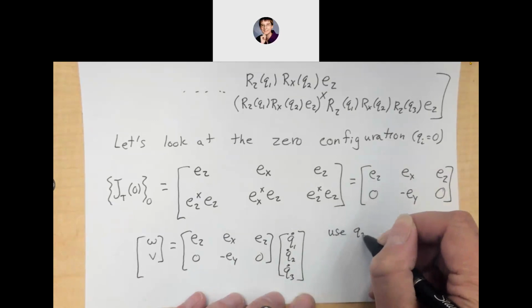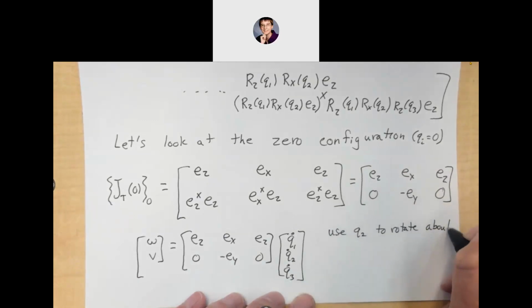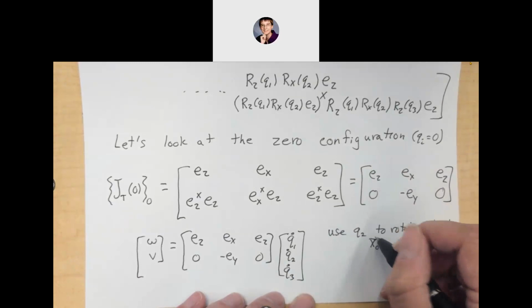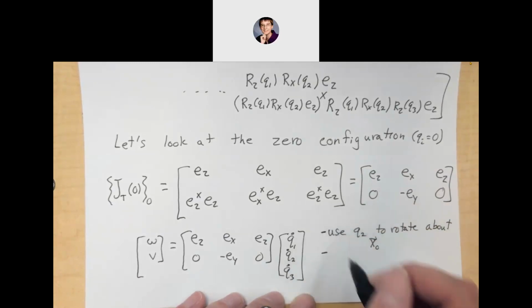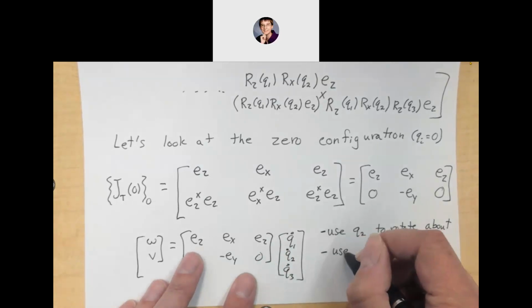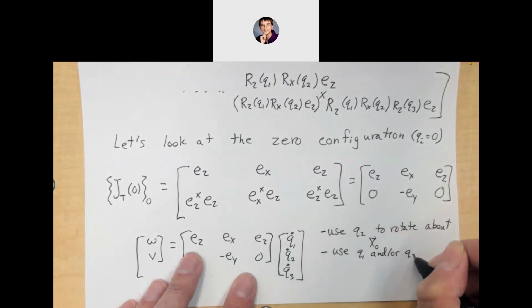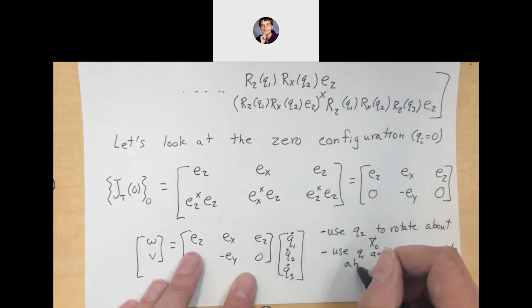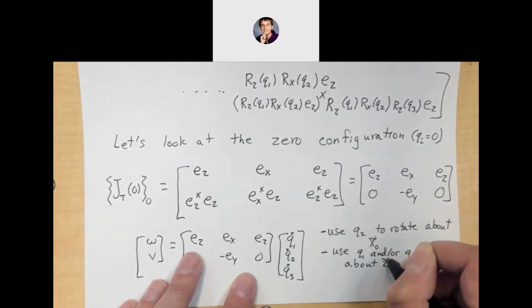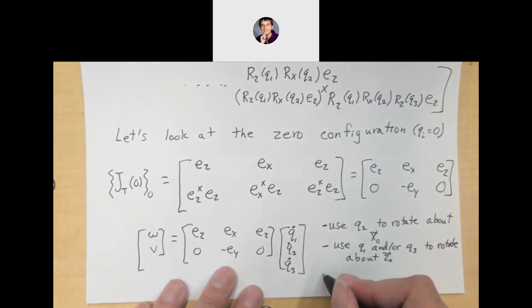So we can use Q2 to rotate about X0. If we want to rotate about Z, I could use Q1 and or Q3 to rotate about Z.